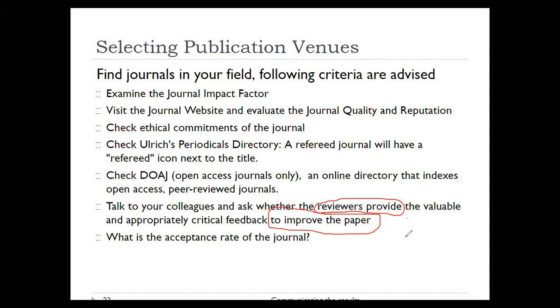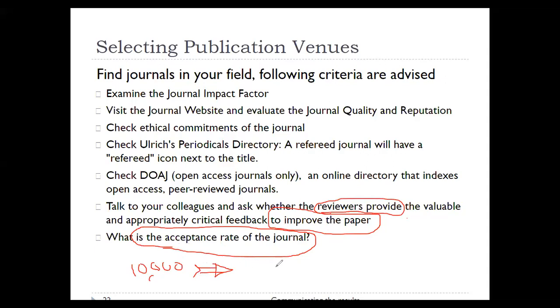What is the acceptance rate of the journal? That is also a very important thing, right? Acceptance rate means what? Suppose a journal receives, for example, in a year, 10,000 research papers to be published. The authors are submitting 10,000 research papers to a journal.